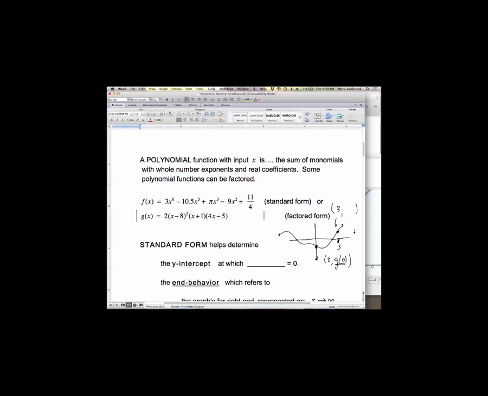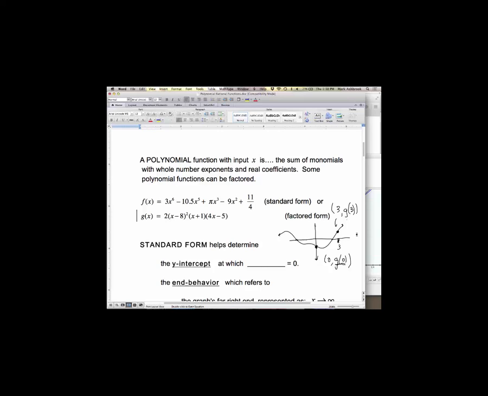Kelly, what do you think? Maddie, how could we express the y-coordinate of this point? Is it g of 3? g of 3. Function notation, this g of something, is an output.